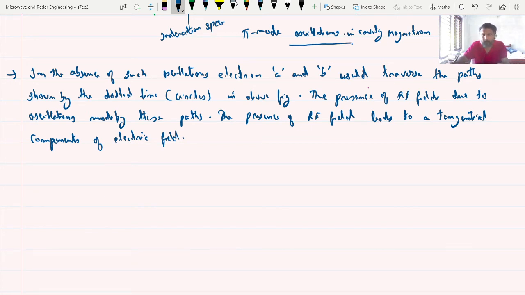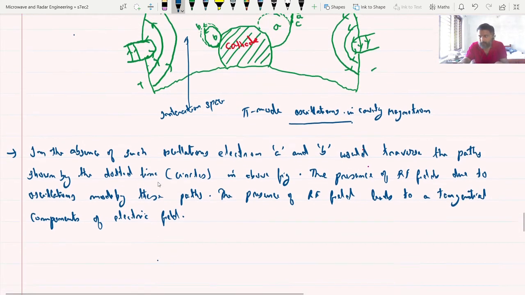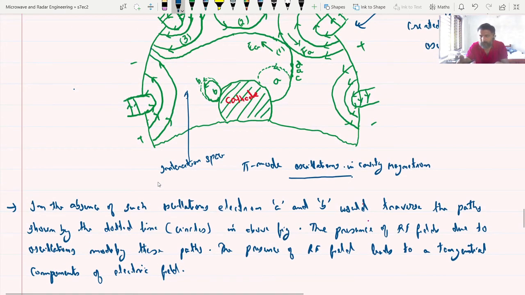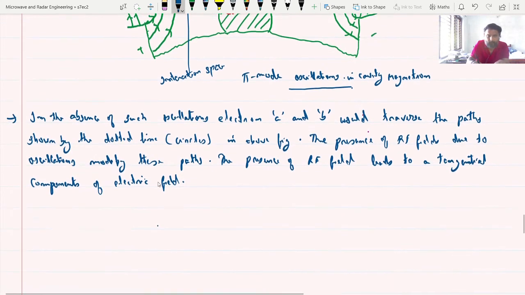Okay, so in the next point, you can see that I will take the position at 1. At position 1, as I told you, the tangential component of the RF field opposes the motion of electron A and it is retarded.